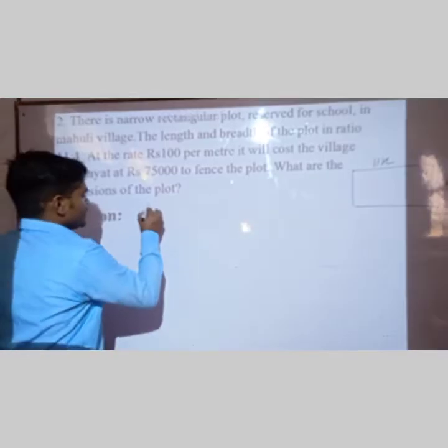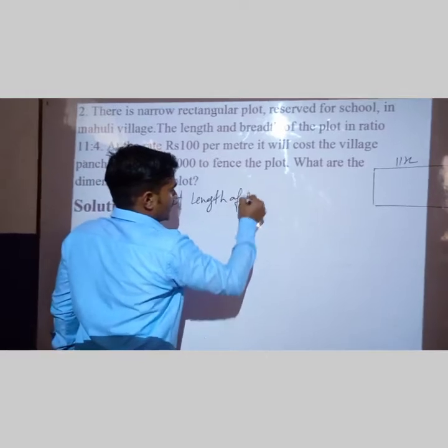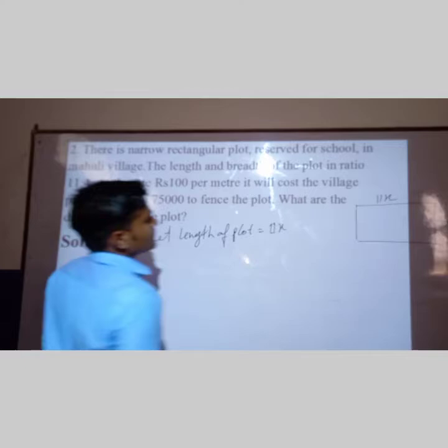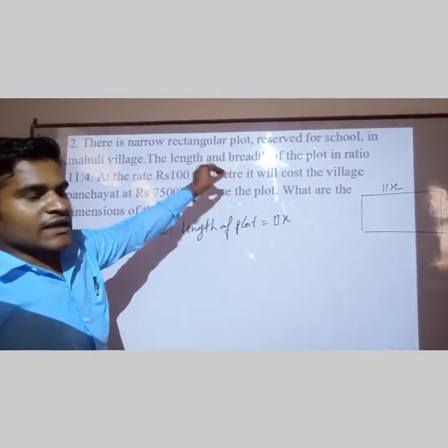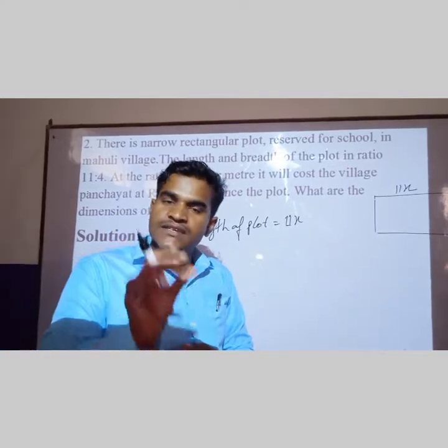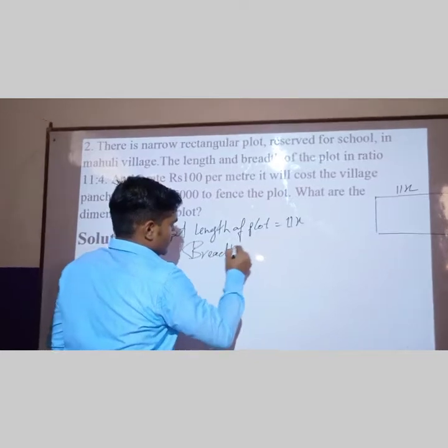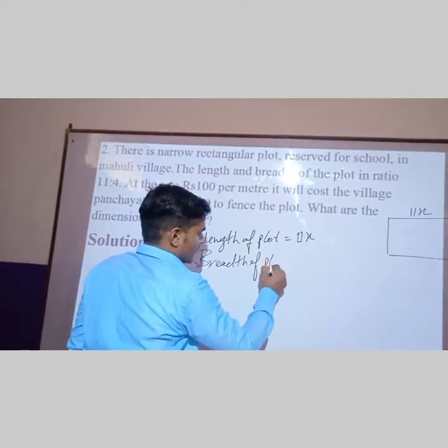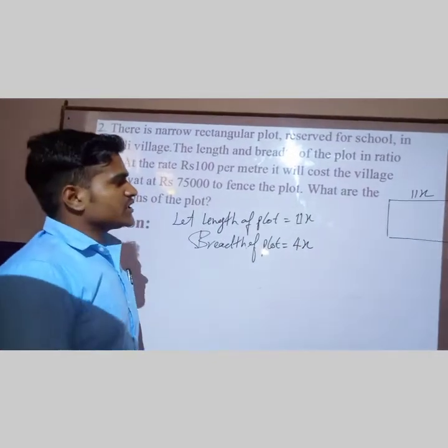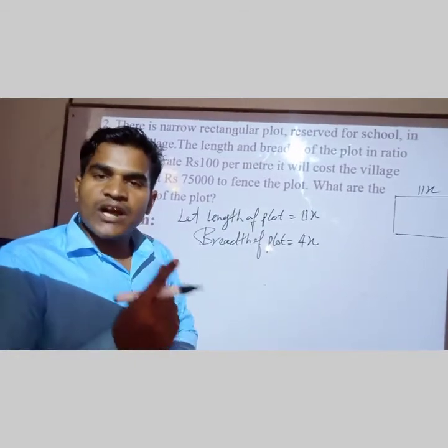So students, let length of plot be equal to 11x, because it is given length and breadth of plot are in the ratio 11 is to 4. It means we consider length is 11x and breadth of plot is equal to 4x. Now we will find out the length for fencing. Length for fencing means per meter of plot.